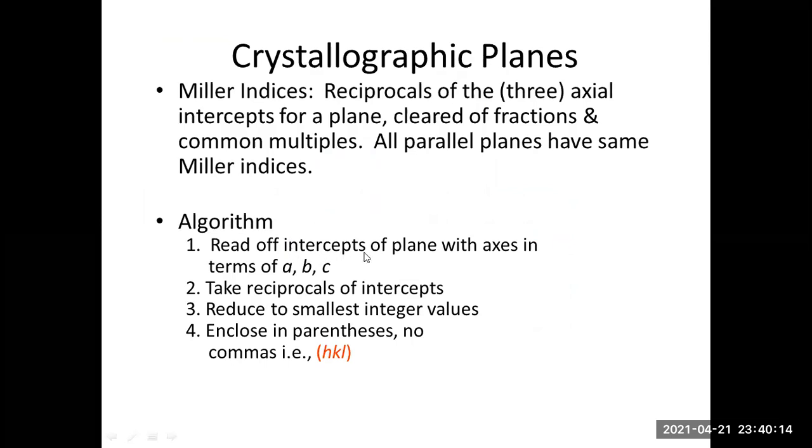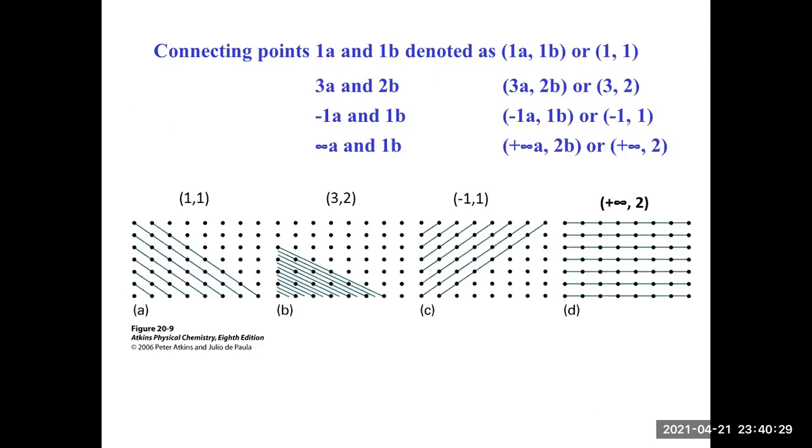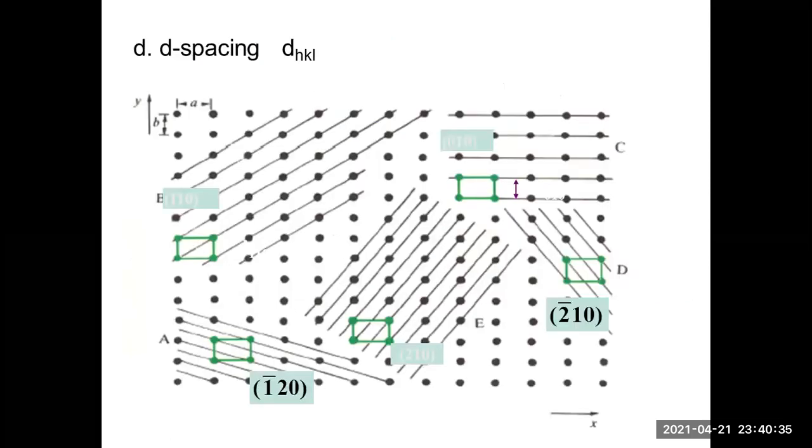First of all, we need to know the intercepts of the plane with the corresponding axes in terms of a, b, c, and take the reciprocals of the intercepts. And as I already told you, the evaluation of the smallest possible intercept. So these are the different ways of drawing the lines, the crystal planes.